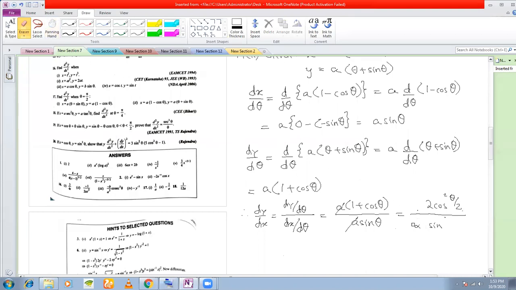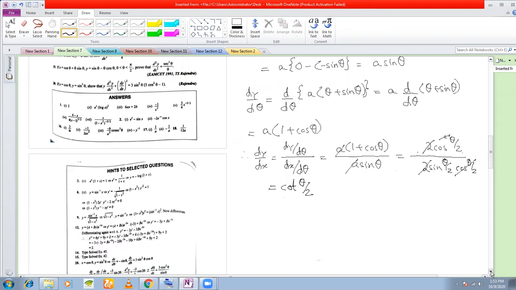So you get 2 cos squared theta by 2 over 2 sin theta by 2 cos theta by 2. Again 2 cancels, cos theta by 2 cancels. So you simply get cot theta by 2.